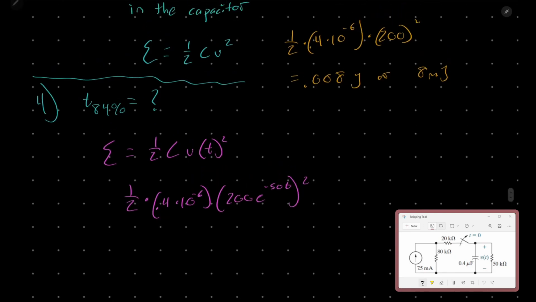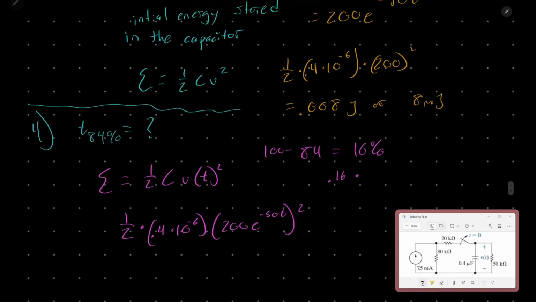Now, in order to find 84%, we need to take 100 minus 84 to get 16%. Using 16%, 0.16 is the same thing.